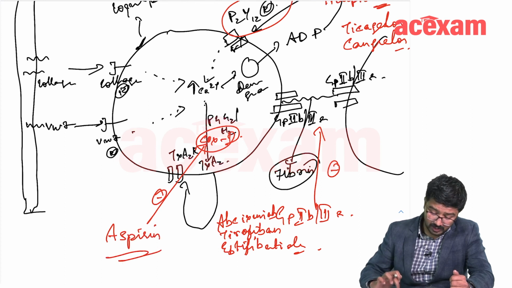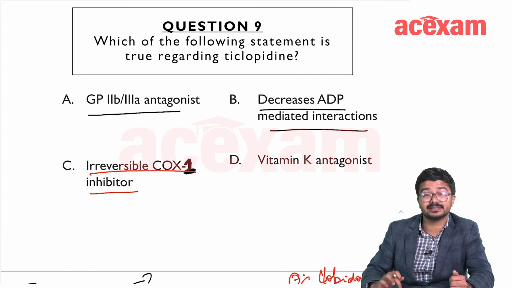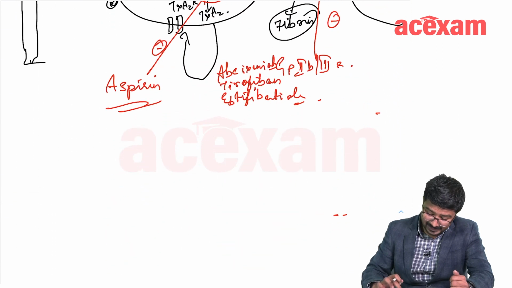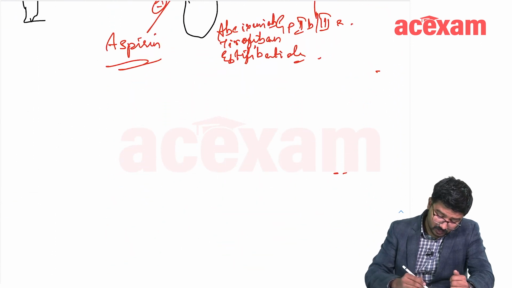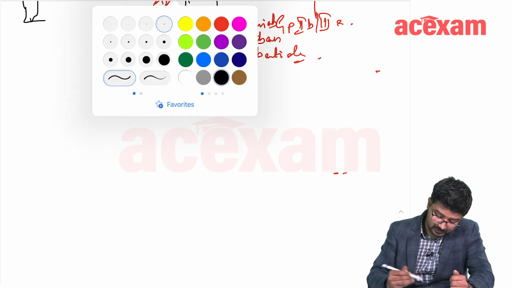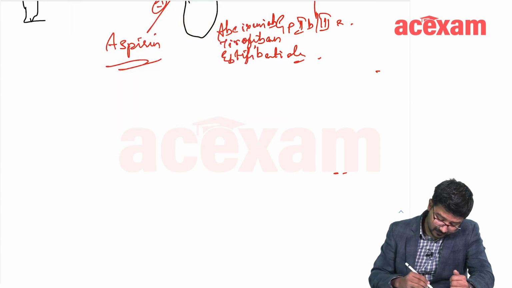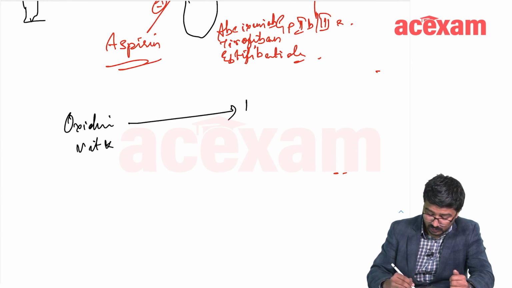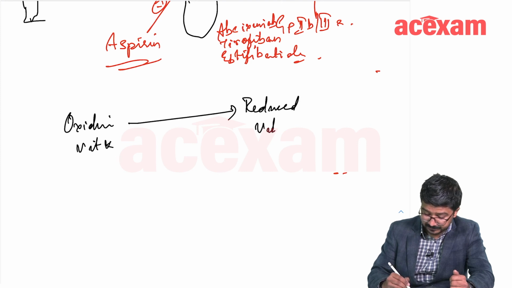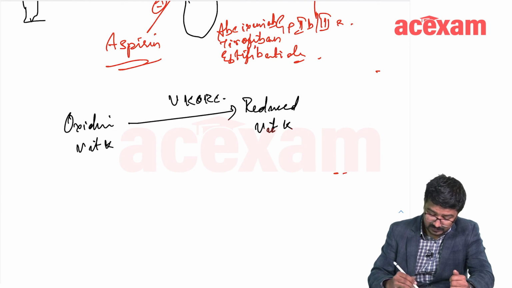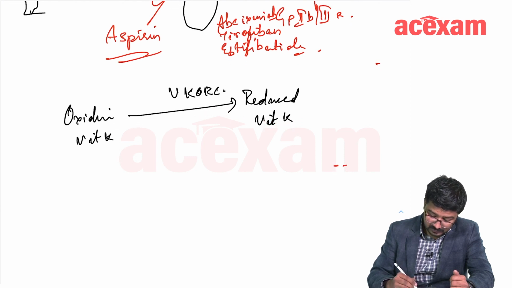Last, we had one more option, which is vitamin K antagonist. Vitamin K antagonist is basically warfarin, right? So warfarin acts at the level where oxidized vitamin K gets converted into reduced vitamin K by VKORC1.